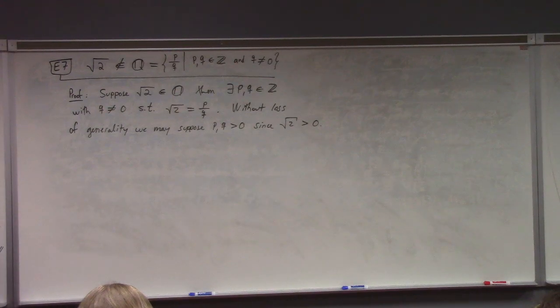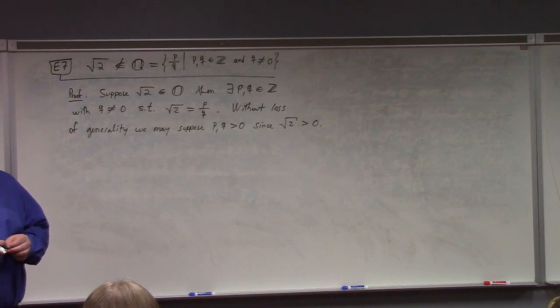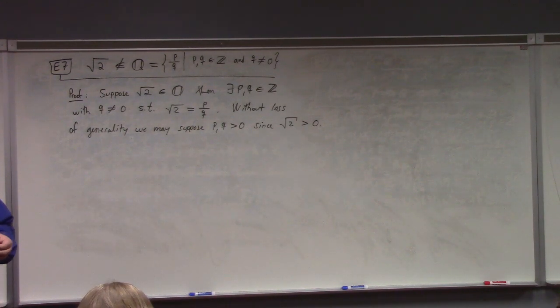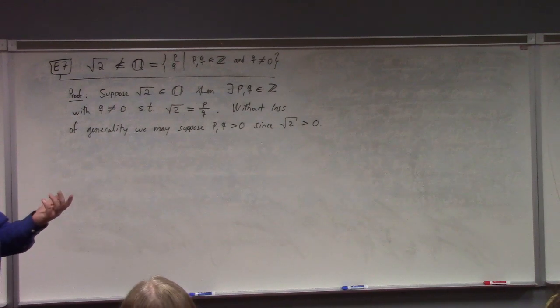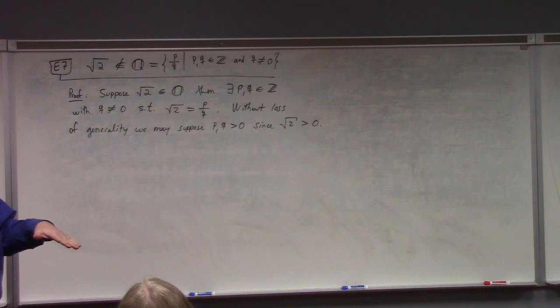If p and q are both negative, we can cancel the negatives and work with minus p and minus q. So there's nothing lost in assuming p and q are positive. You guys see that? If the square root of 2 were negative, it could be that the numerator is positive and the denominator is negative, or vice versa, but that is not the case here.